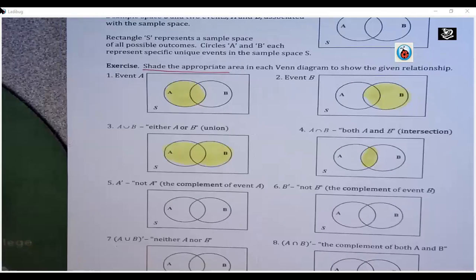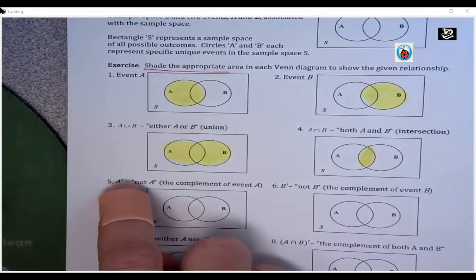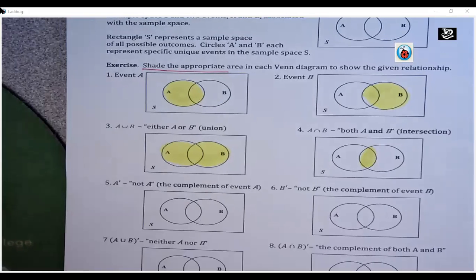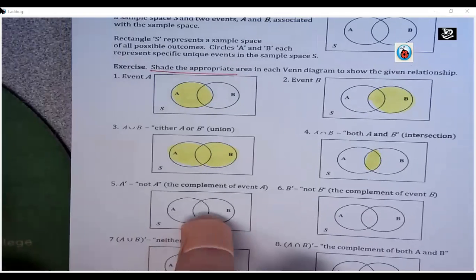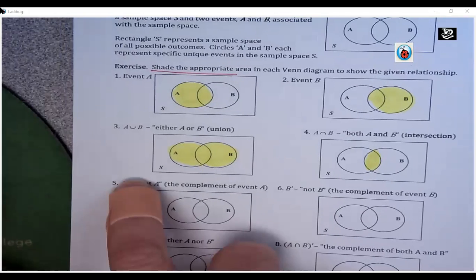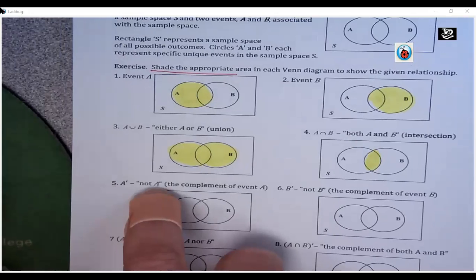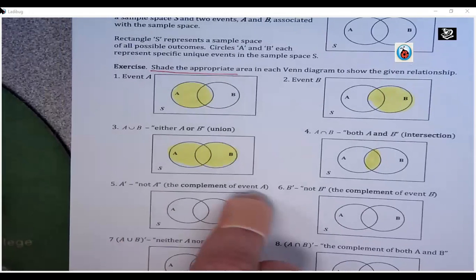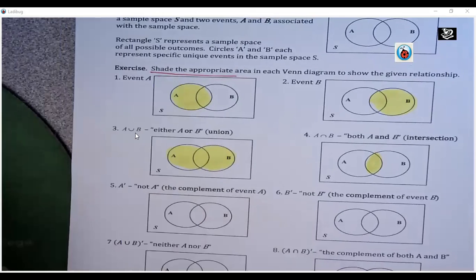All right. In this case, A prime, I know we've seen primes before when we did transformations, but when you're doing Venn diagrams, A prime means not A, or another way to say it is the complement of A. So A prime means not A. So again, that's something you should write down.